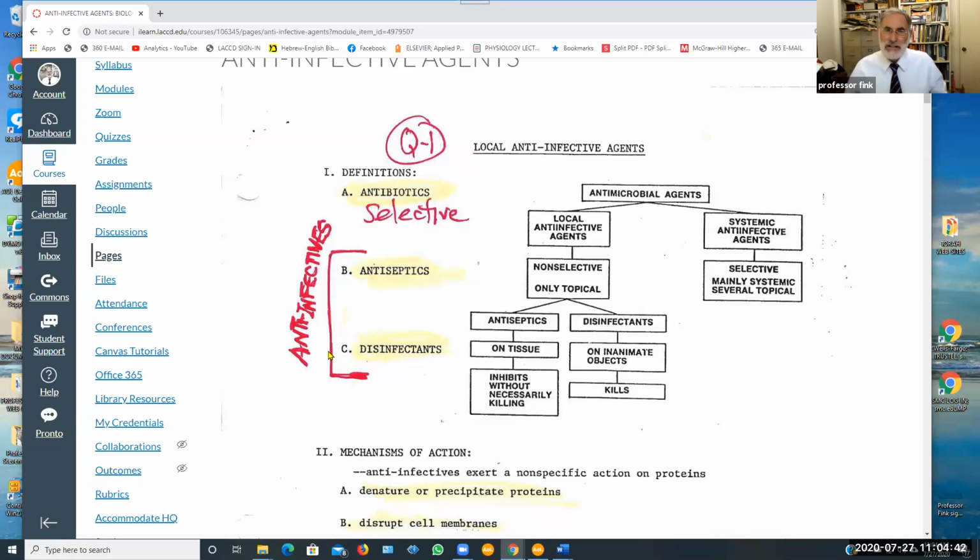Antiseptics and disinfectants, which are collectively called anti-infectives, are non-specific, non-selective. In general, they tend to kill or slow down the growth of many different types of organisms, including being harmful to human cells.